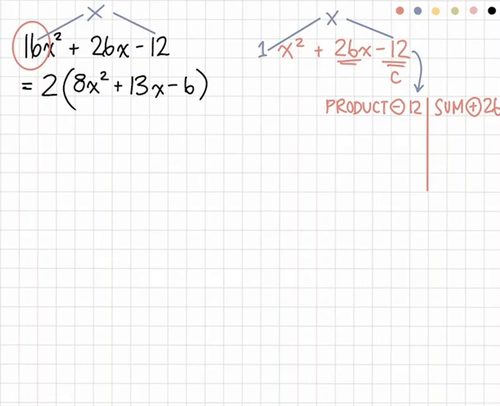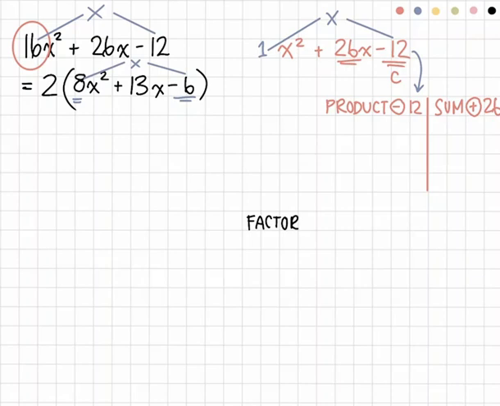Those are the ones that I'm going to be working with. So I see that I have an a value of 8 and a c value of negative 6. Well, I'm going to have to take those two and multiply them. What is 8 times negative 6? It's negative 48.